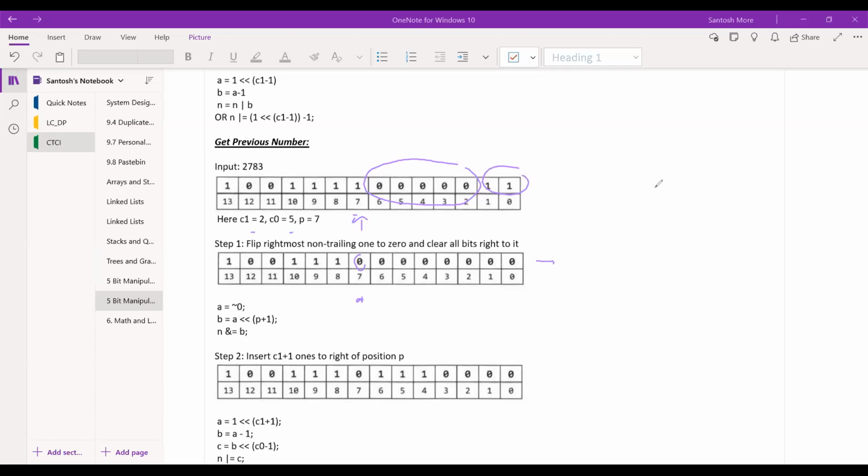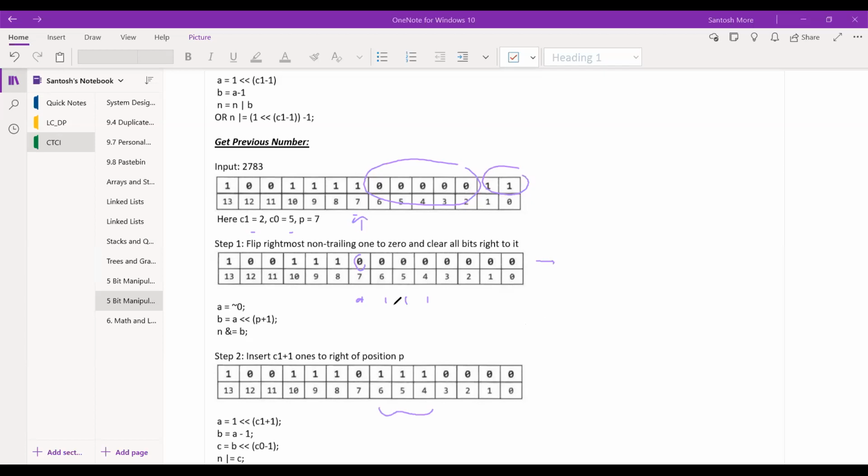In the previous one, for the next greater one, we were pushing all the 1 bits to the extreme right side. But in this case, we cannot push that because that will be a very lower number, right? So we need to place all our 3 bits just after the place where we set 0, like this.